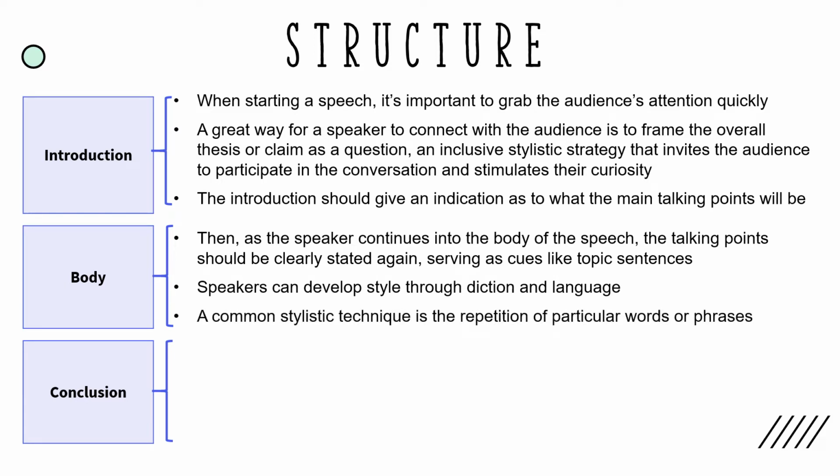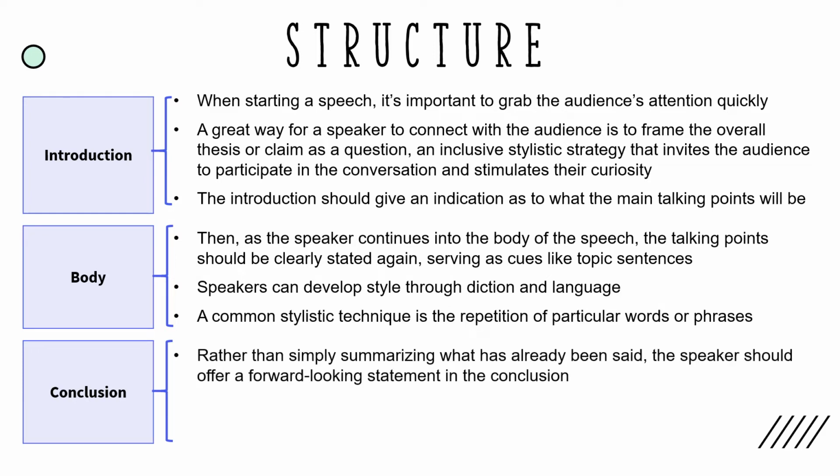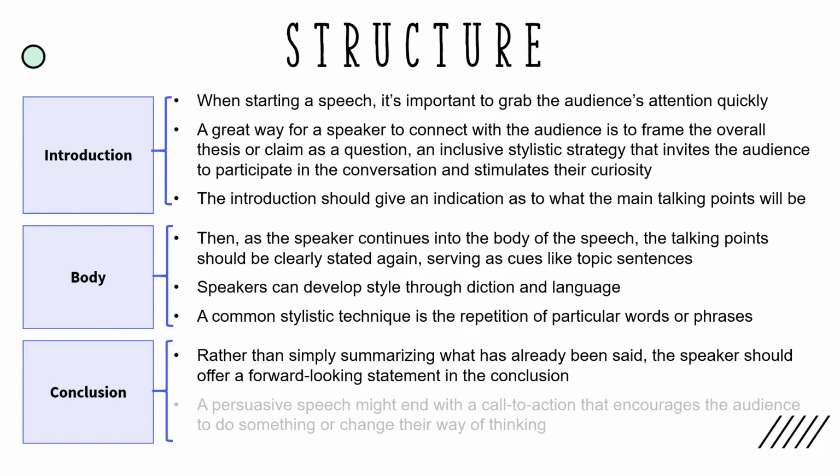A common stylistic technique often used in speeches is the repetition of particular words or phrases to drive a point home or add emphasis. Finally, rather than simply summarizing what has already been said in the speech, the speaker should offer a forward-looking statement in the conclusion by briefly discussing how the information provided in the speech can be applied in some way. For example, a persuasive speech might end with a call to action that encourages the audience to do something or change their way of thinking.